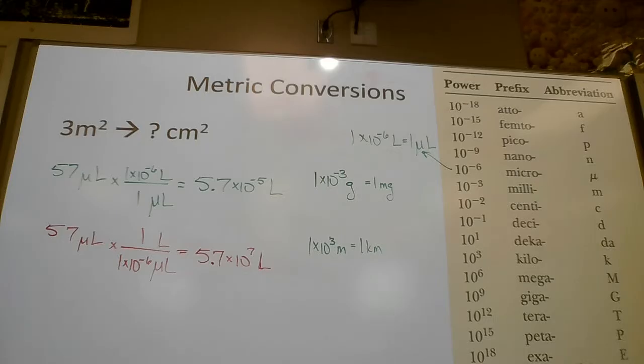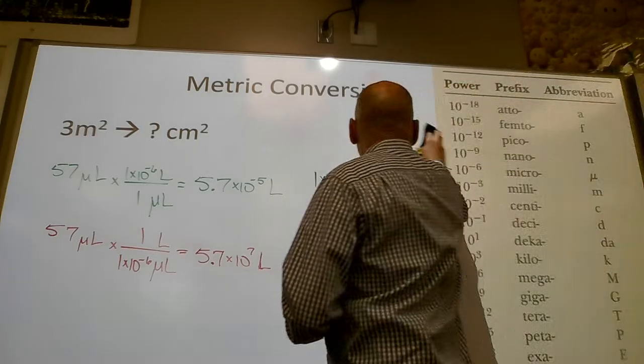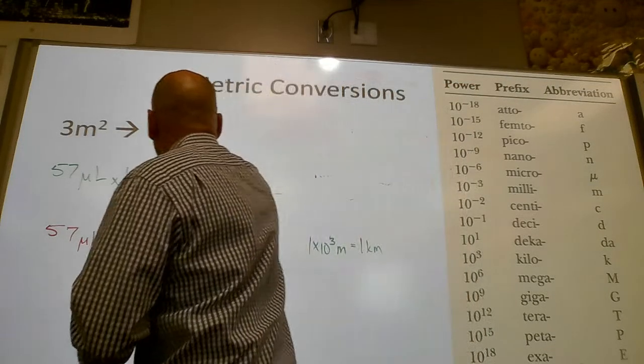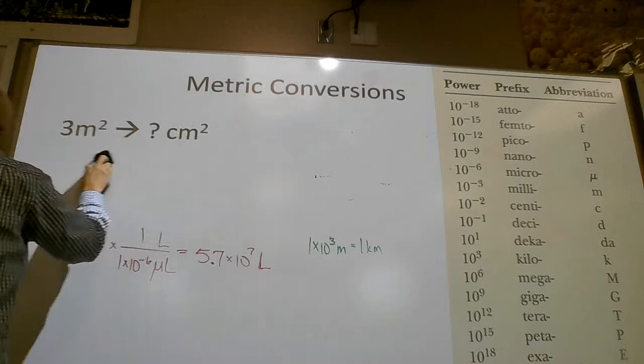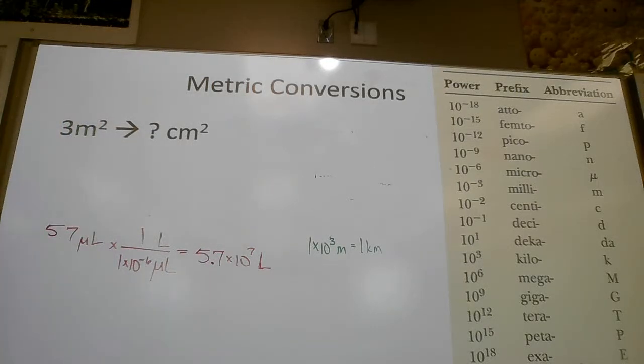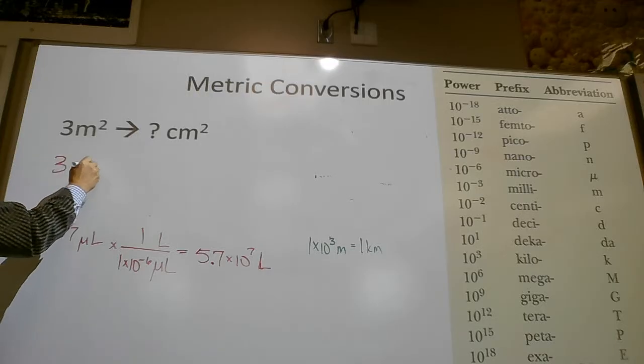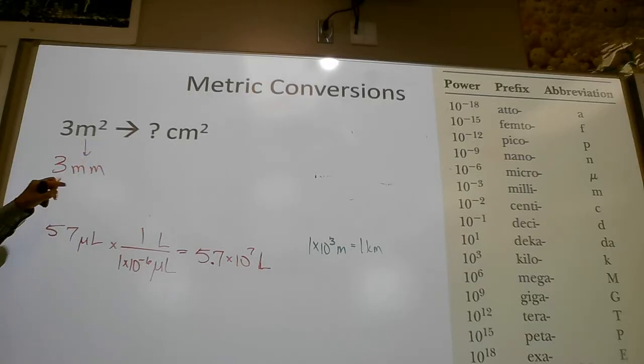Okay, last problem. So if you have squared meters, I want to convert to squared centimeters. What you're going to do, recognize that this is 3 meters times meters. That's what meters squared means.